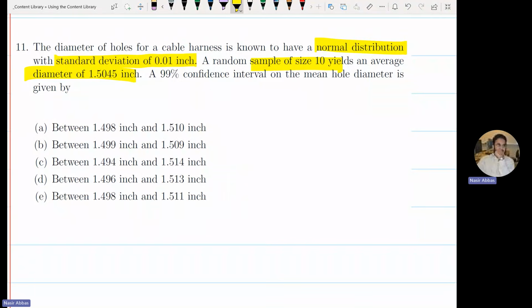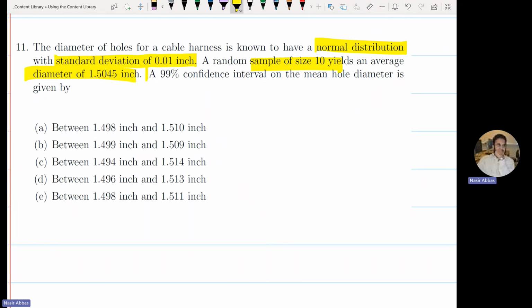This average is X bar or mu? Why X bar? It's from the sample. The average of the sample is called X bar. The average of population is called mu. This is in the same sentence as the sample. A sample of size 10 gave the average 1.5. So this is X bar.